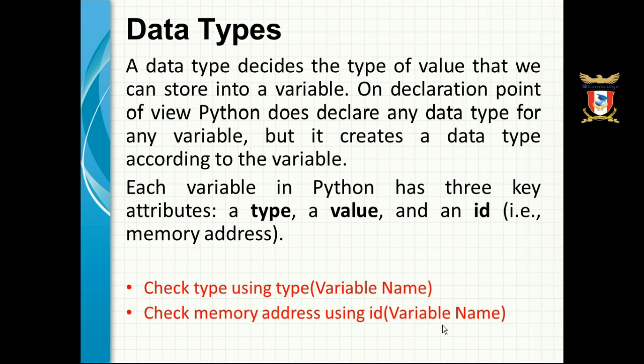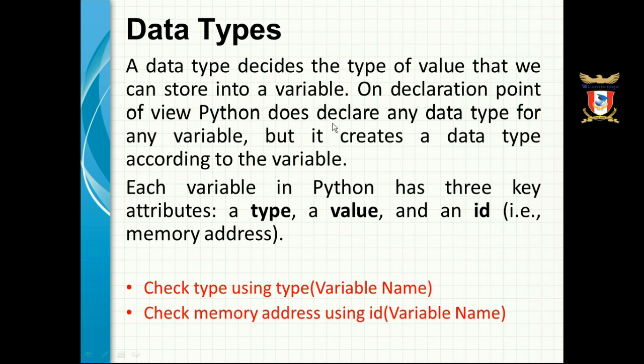Next we will discuss data types. As we discussed in the previous slide, there is no need to declare a variable in Python or specify its data type before using it, but we still have the concept of data types in Python. A data type decides the type of value that we can store in a variable.